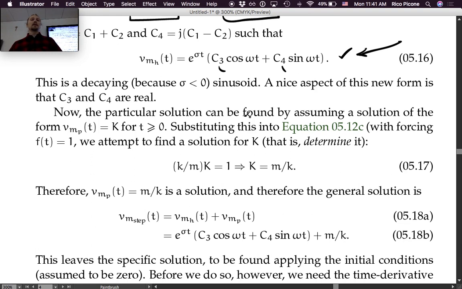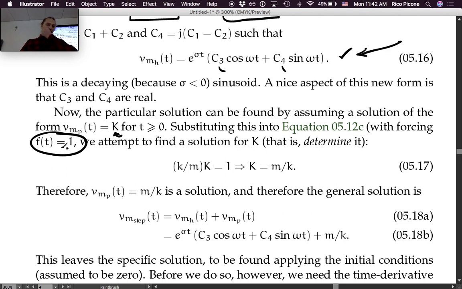Now the particular solution can be found by assuming a solution of the form of a constant, because we have a constant input, so we expect that there's a solution that is a constant. So an undetermined constant, or coefficient, k, substituting it into the original differential equation, but we set the forcing function equal to 1, importantly. That's because we're only solving the differential equation right now for the forcing function equal to 1.